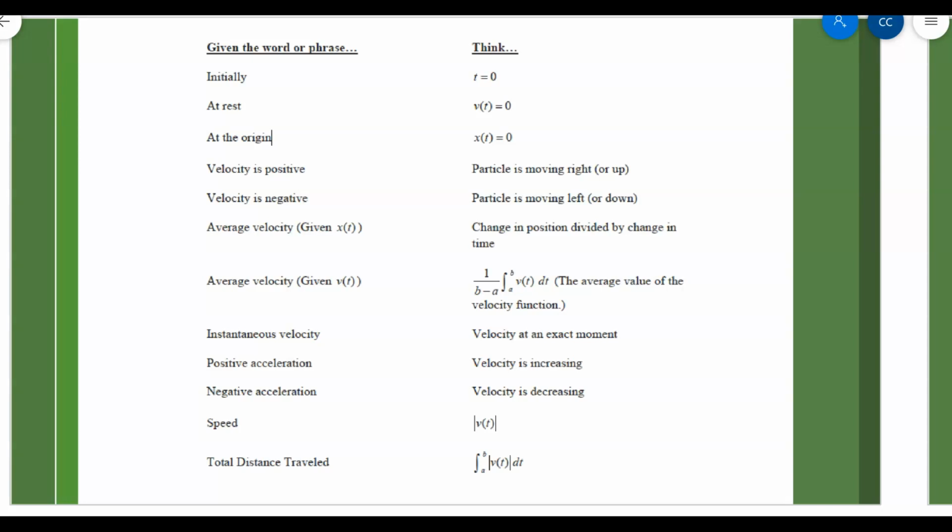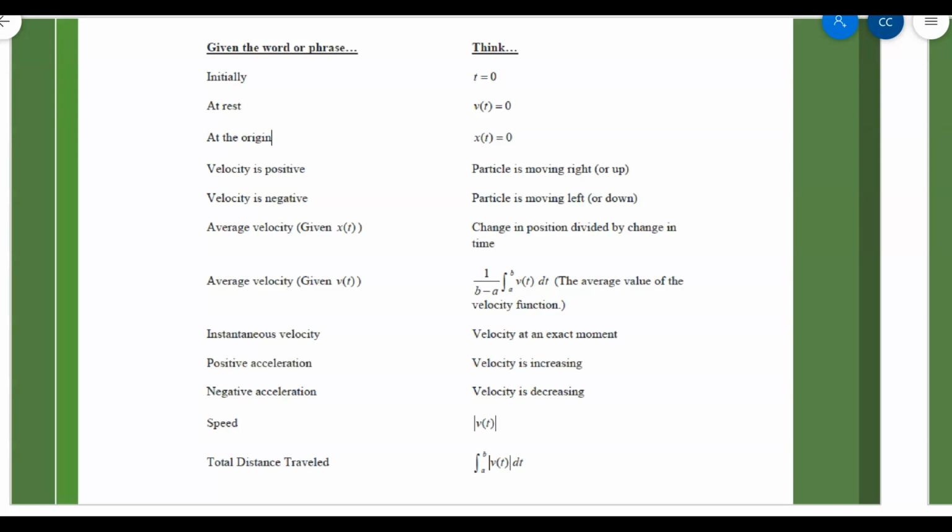Average velocity given v of t means that we are taking the average value of the velocity function, meaning you are working backwards. Instantaneous velocity is velocity at any given moment. Instantaneous is v of whatever we are looking for.